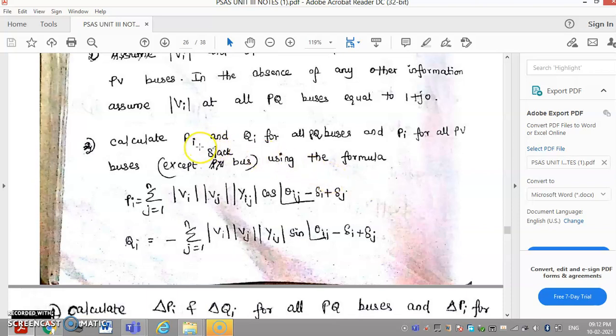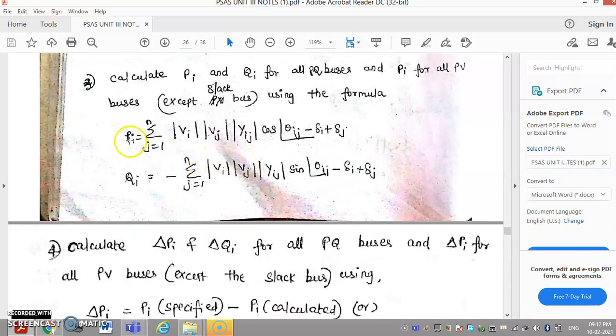Calculate Pi, that is real power for the ith bus, and Qi, reactive power for the ith bus, for all PQ buses, that means for all load buses, and Pi for all PV buses, that means generator buses, the alternate name for PV bus, except the slack bus, using the formula: Pi is equal to summation of j equal to 1 to n of modulus of Vi, modulus of Vj, modulus of Yij, cos of (theta ij minus delta i plus delta j).